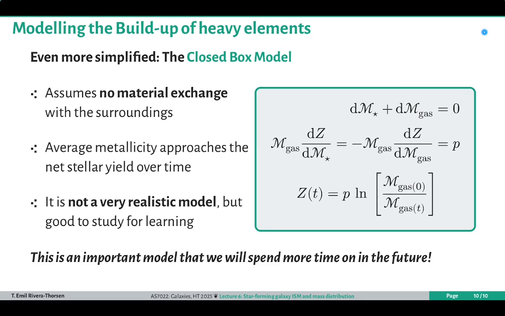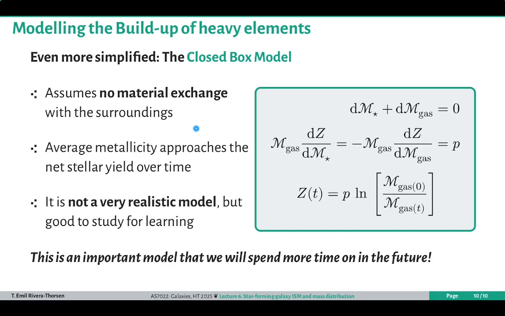We can make an even more simplifying assumption, and that one is what we call the closed box model. This closed box model, on top of the one-zone instantaneous recycling model that we had before, also assumes that this gas is now in a closed box.